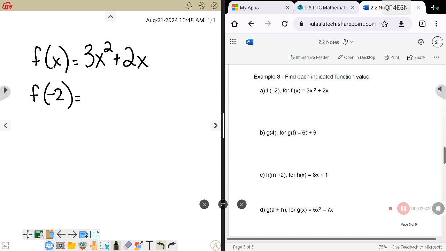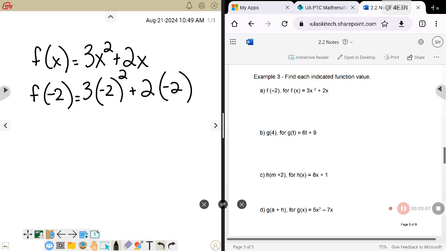You'll notice this function has multiple x's. You're just going to do the same thing. You're going to replace the x's with the value that's in the parentheses, which is negative 2. So 3 times negative 2 squared plus 2 times negative 2.